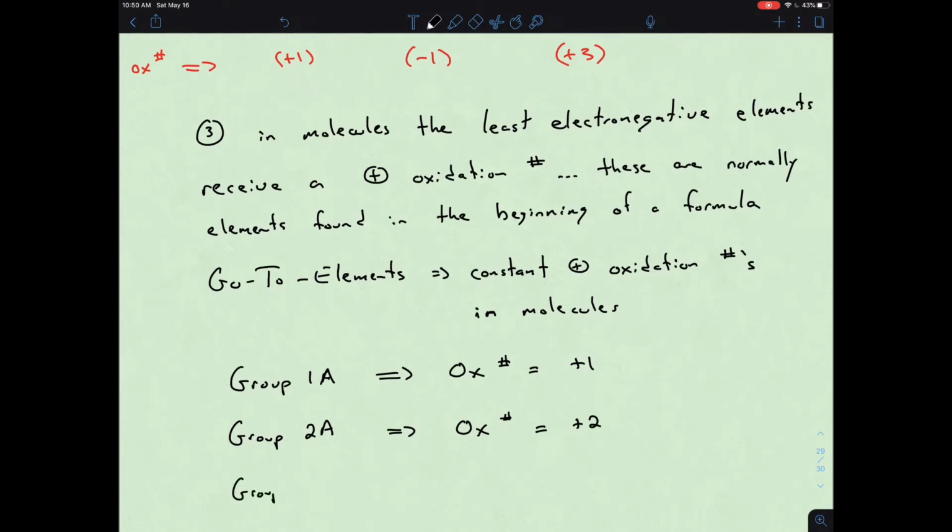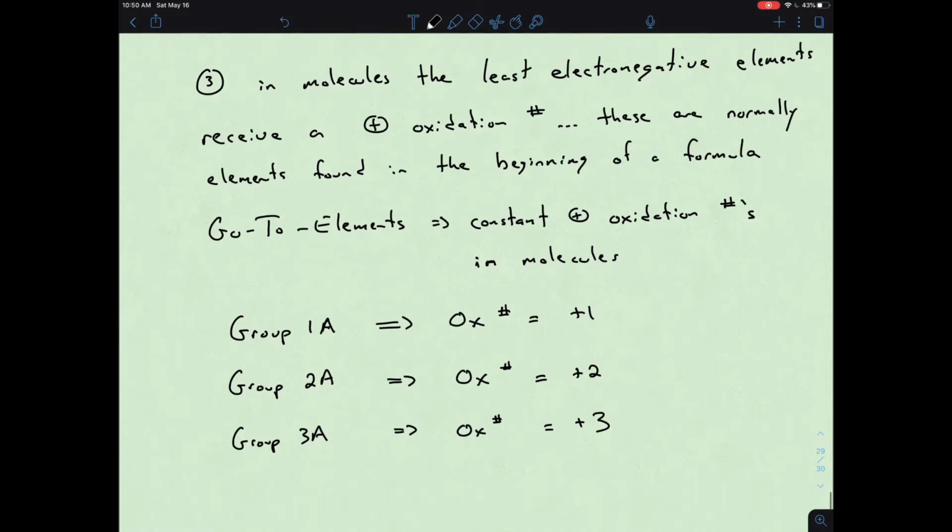And then group 3A, the oxidation number they like is +3. So those are the alkali earth metals, as well as our group 3A elements.